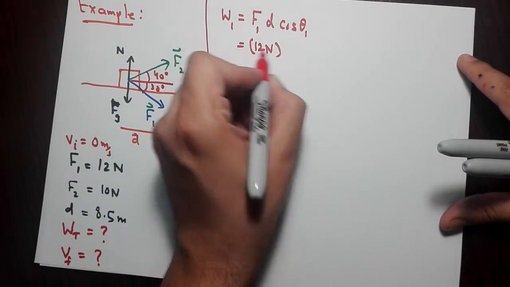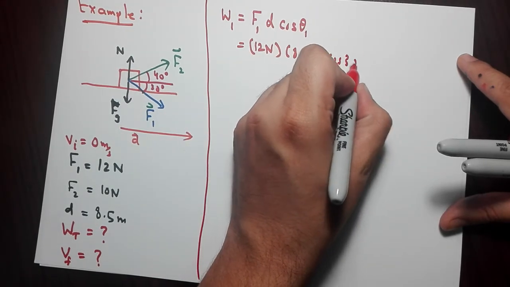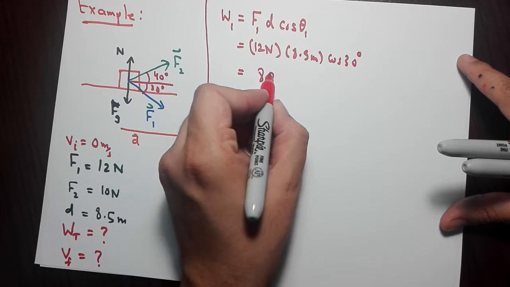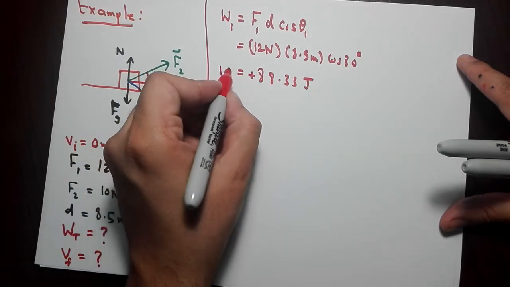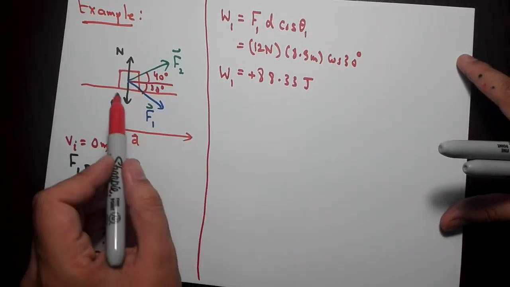So 12 newtons times 8.5 meters times cosine of 30 degrees. If you plug in the numbers, you get 88.33 joules. Let's emphasize the plus sign, because plus sign means adding energy to the system. So this force is adding energy to the system.